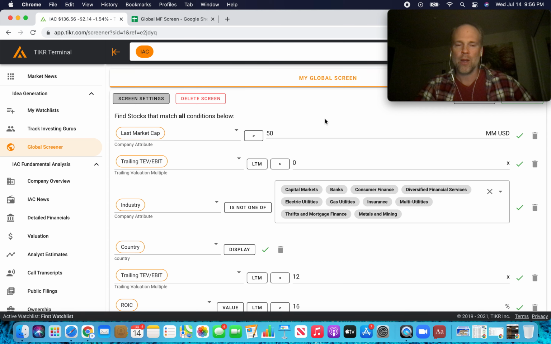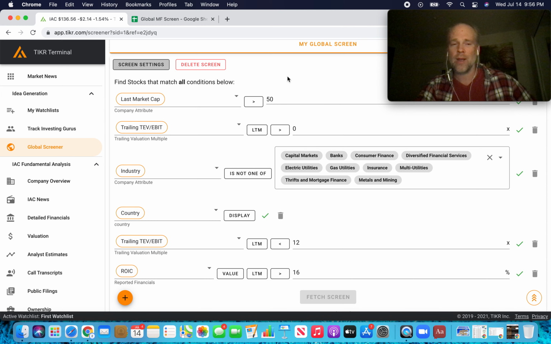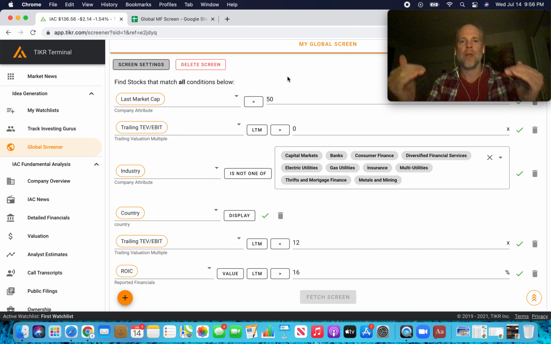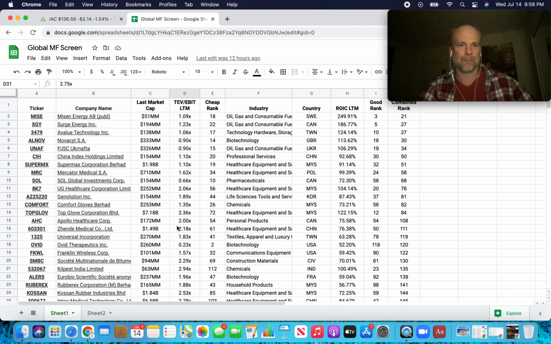So one thing that would be awesome to incorporate into this Magic Formula screener is simply a filter that says, do any of these investing gurus that are followed by TIKR Terminal own these companies, right? How awesome would that be?